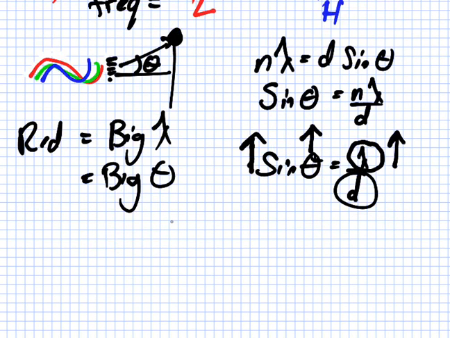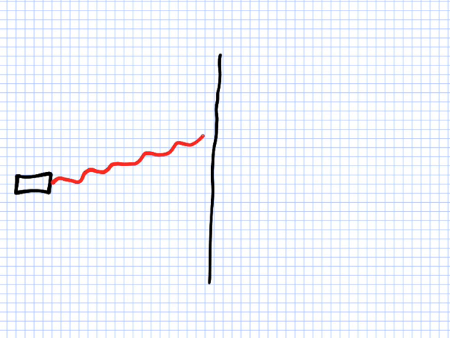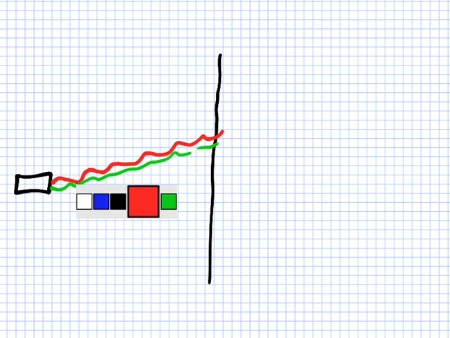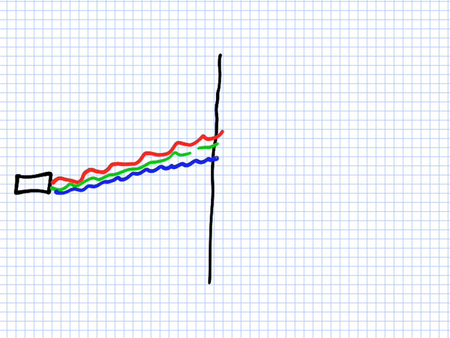So if I was to draw this now, the red one would have a bigger angle than the other ones. The one with the smallest wavelength, the blue, will have the smallest angle.